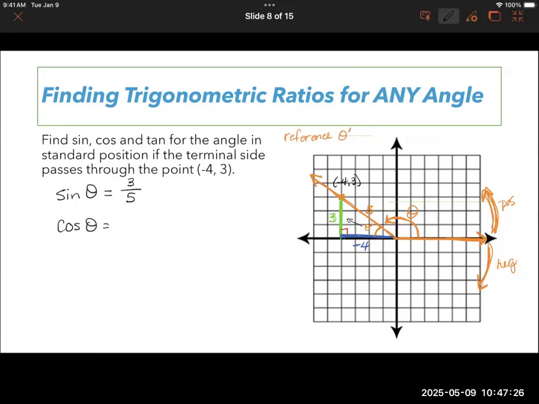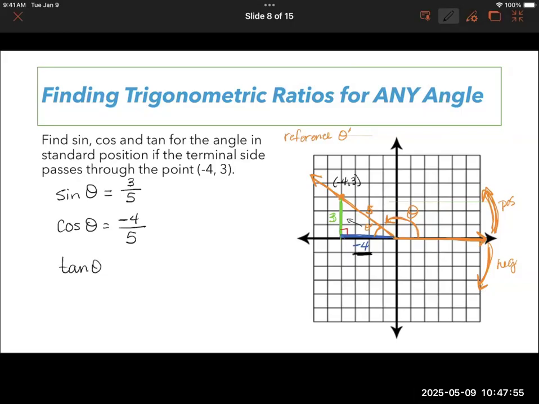My cosine of theta: we don't normally label sides of triangles as being negative, but in this case, we're going to keep that negative as part of the answer because we need to know the direction that we went as well as how far, and that affects what our trig ratio is going to be. So we are going to use -4 as the adjacent side over 5.